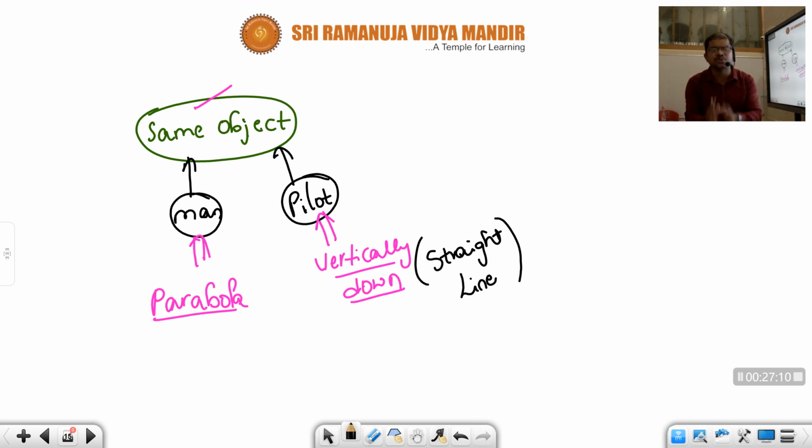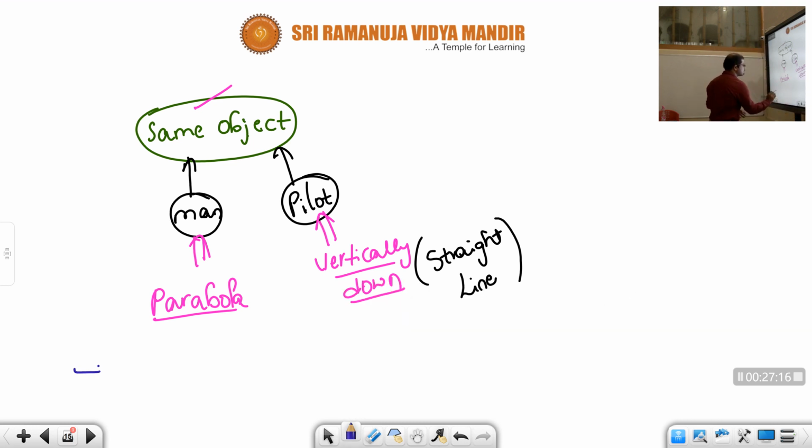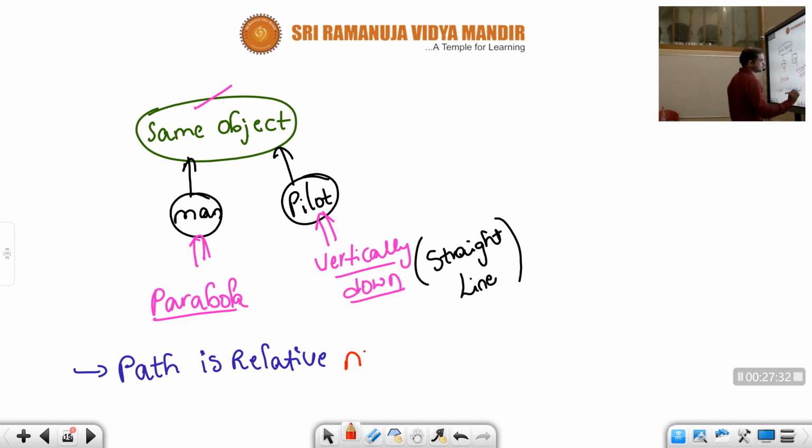Path is not absolute. Path is what, children? Relative. Very, very important point, children. Path is relative, not absolute.